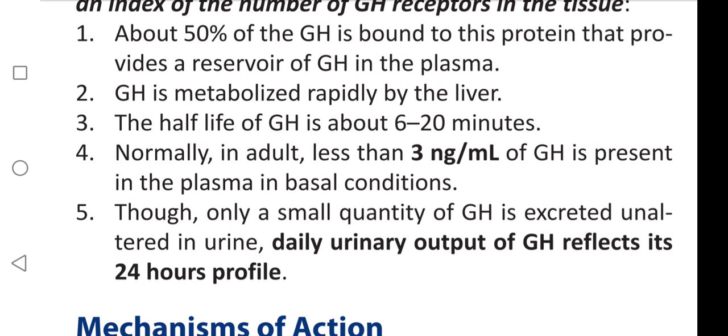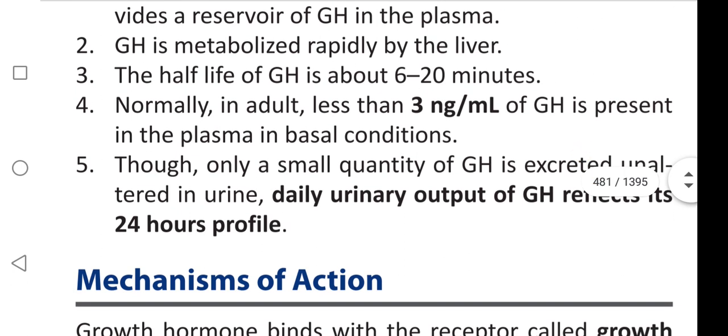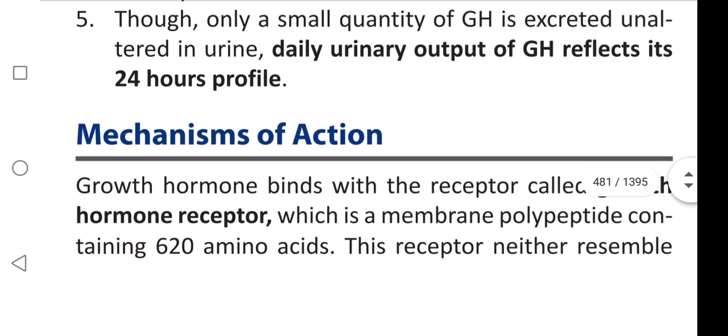Normally in adults less than 3 nanograms per milliliter of growth hormone is present in the plasma in basal conditions. Only a small quantity of growth hormone is excreted unaltered in urine. Daily urinary output of growth hormone reflects its 24 hours profile.